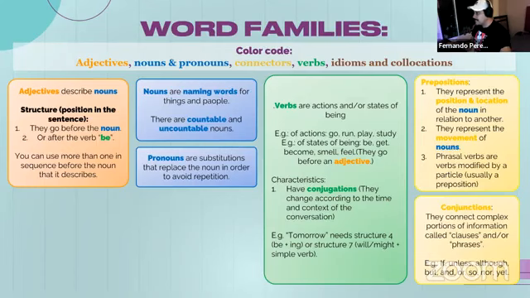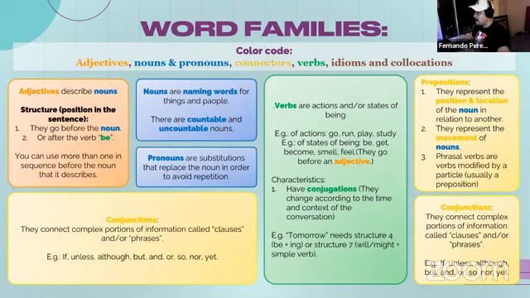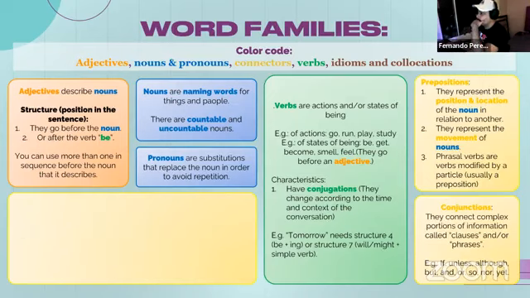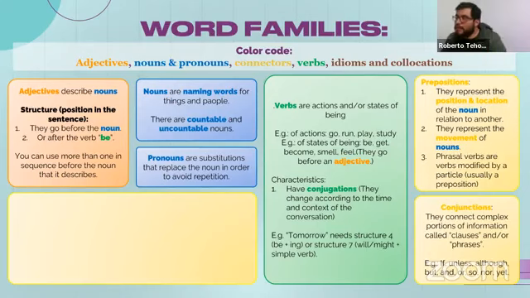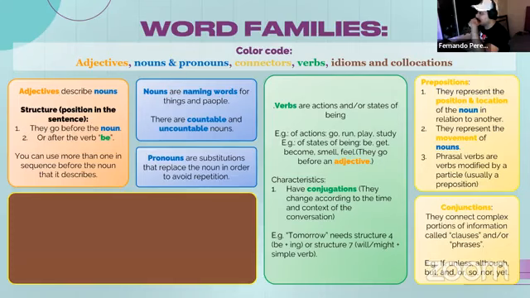We are missing only one square. What's the square that we're missing, guys? Idioms and collocations. Precisely. Yes, of course. Idioms and collocations, which are also called, what's their name?